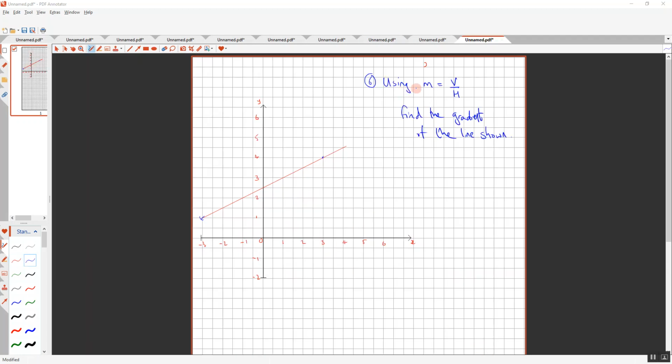For number 6, using M equals vertical over horizontal, find the gradient of the line shown. As a clue, you're going to make this into a triangle, and then find the vertical and the horizontal, and divide them.